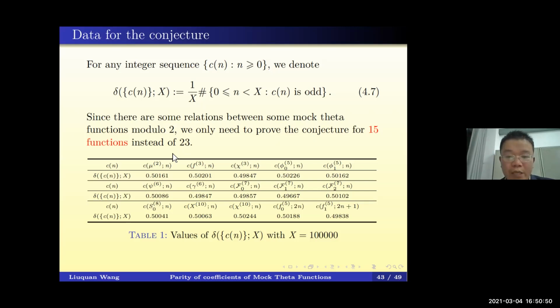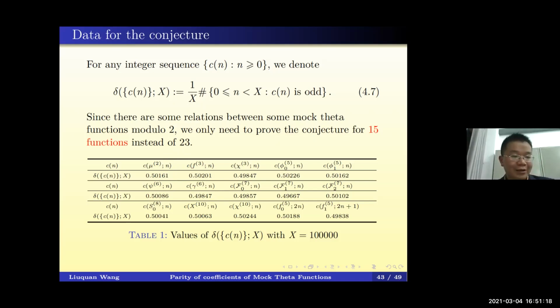I list some data for these 15 functions here. As we can see, when we take x equal to 10,000, this percentage is close to 0.5, which is 1/2. So this is numeric evidence for the conjecture.